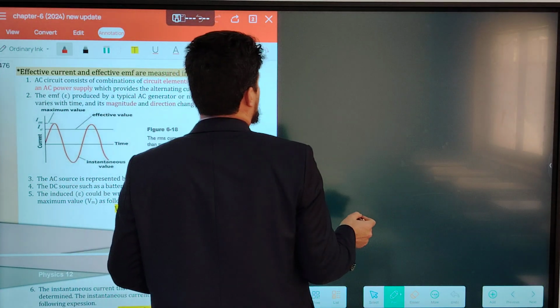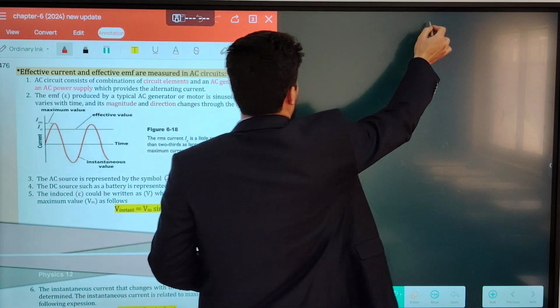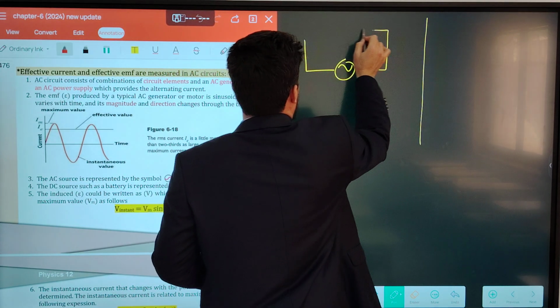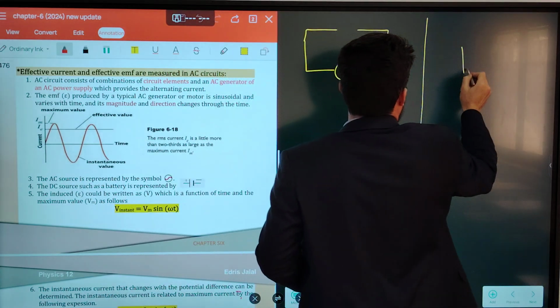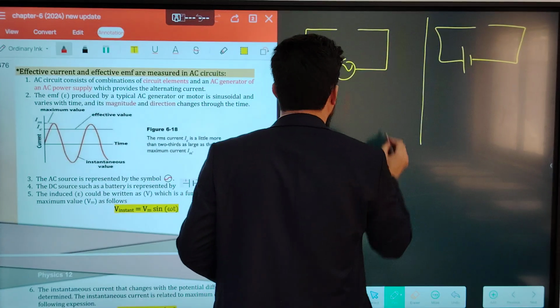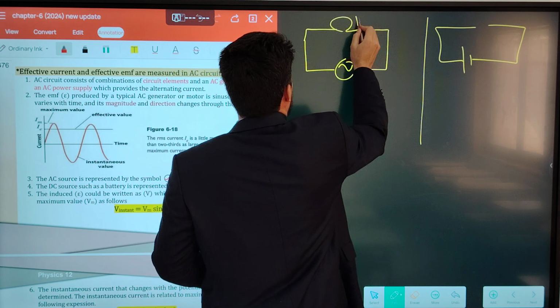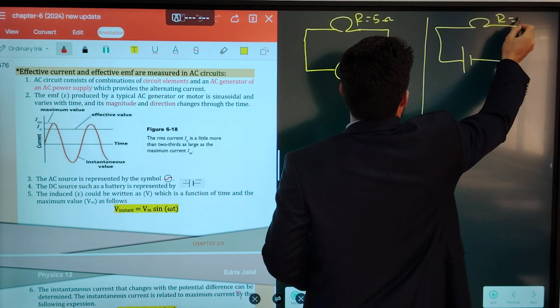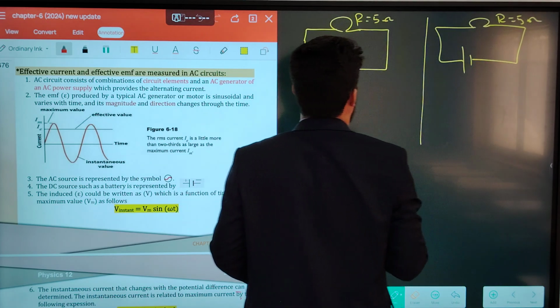Another example, guys. If you have two circuits, AC and DC, connected with a resistor of 5 ohm. Resistor still 5 ohm, same thing.